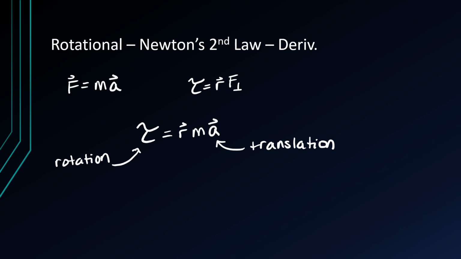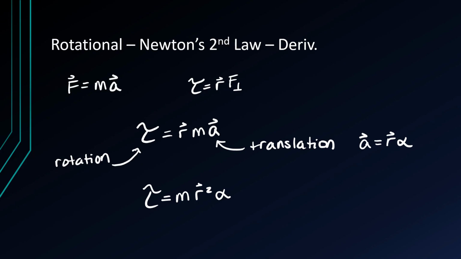So if you remember, we had ways that we can convert velocity into angular velocity, acceleration into angular acceleration. We're going to want to use these here. So I am going to replace my acceleration with r alpha, right? This is one of those conversions. And this gives me an equation of torque is equal to the mass, radius squared, times alpha. Great. Now everything is represented in rotational terms.